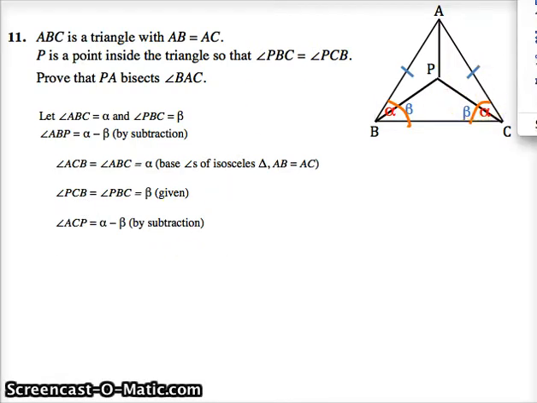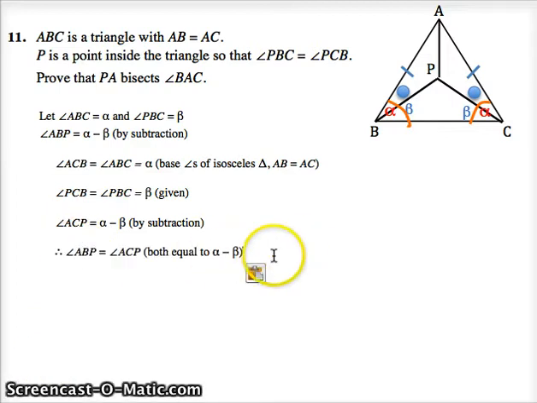So what we've really got is two equal angles in these triangles. I've just marked them with circles. So that circle there is equal to this angle here, and they're both equal to alpha minus beta. So I'll write that down here, that angle ABP equals angle ACP because they're both equal to alpha minus beta.